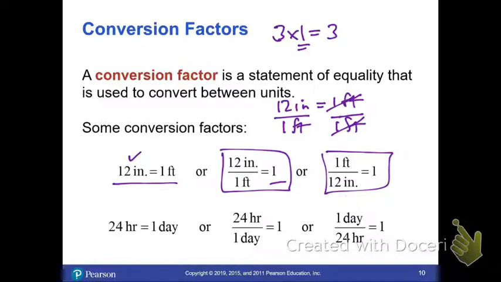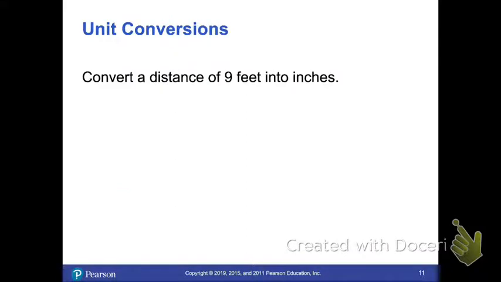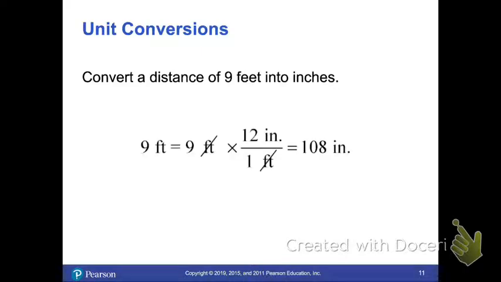So according to what I'm trying to go to or from, I choose which conversion factor is appropriate. Okay? 24 hours is equal to 1 day. So again, I'm multiplying by some factor of 1, which is our conversion factor, to assist us to get to the unit that we are trying to get to. So if we want to convert the distance of 9 feet to inches, we're going from feet to inches.